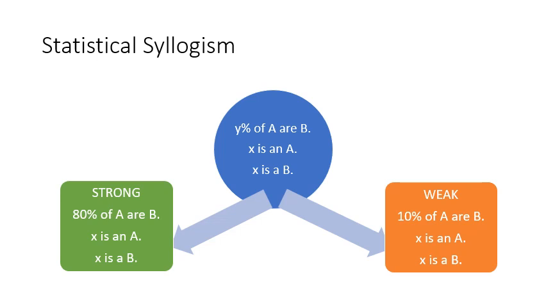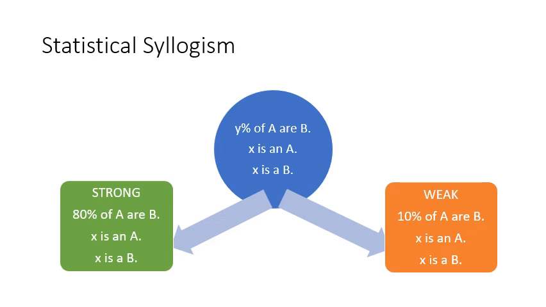If those two premises are true, you don't really know whether or not the conclusion is likely to be true until you know what that y is. You need to know what that number is, or around what that number is, to get a sense of whether or not the conclusion is likely to be true.